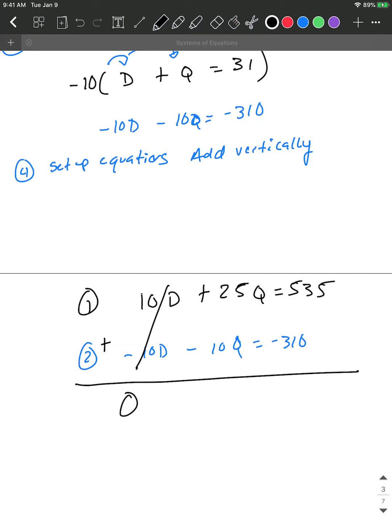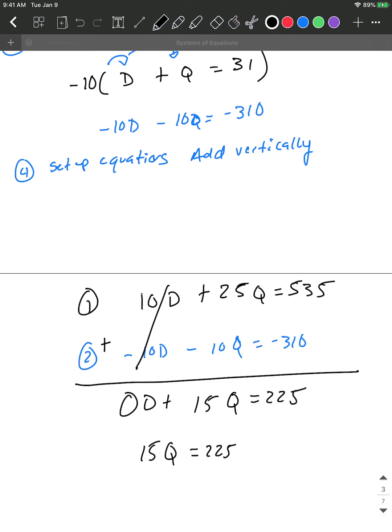Now we just continue with the rest of them in the same manner. 25 minus 10, that gives us 15Q. It will be positive because the 25 is a bigger number, so we're going to keep that as a positive. Now 535 minus 310 is 225. So now we have 15Q is equal to 225. I don't have to write 0D.